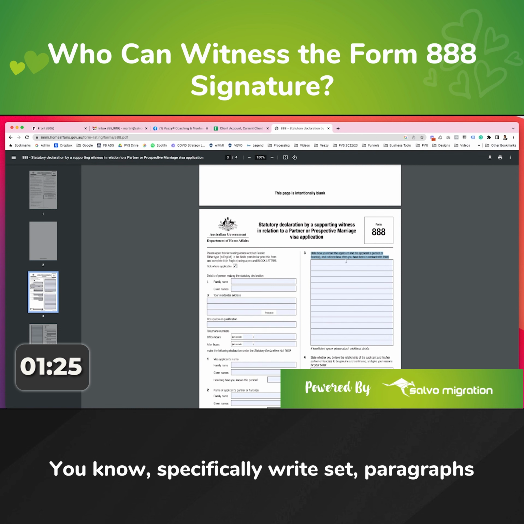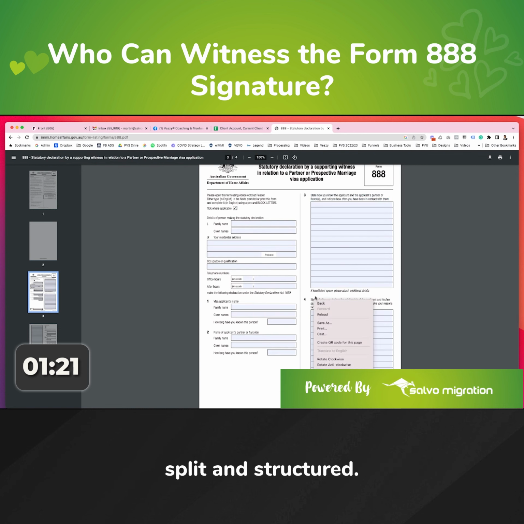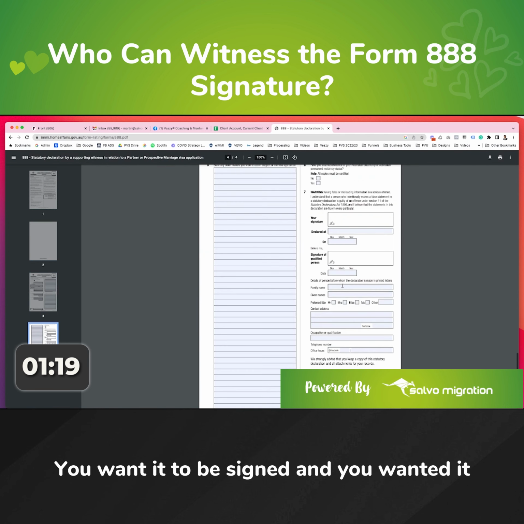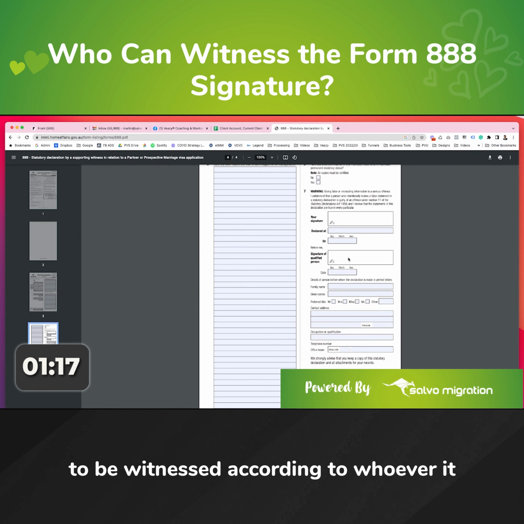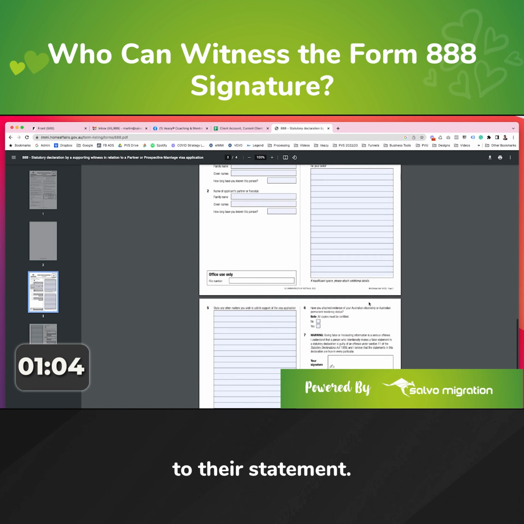Specifically write paragraphs that mirror how this Form 888 is split and structured. You want it to be signed, and you want it to be witnessed by whoever is a qualified person to witness the signature of that form in that country. And you still want to attach a certified copy of that person's ID to their statement.